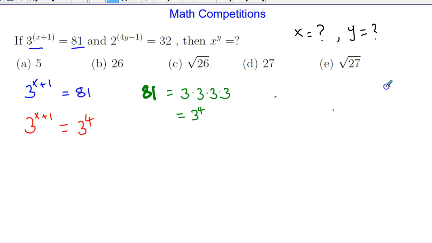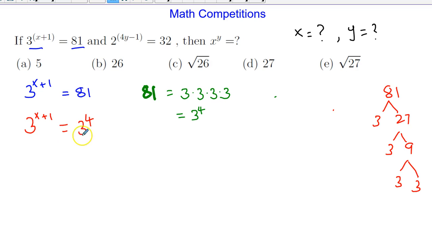Here what I did is I just factorized 81. 3 can divide 81 27 times, and again 3 divides 27 9 times. 3 can divide 9 3 times. So altogether you have 1, 2, 3, 4 threes. That's what we have there.